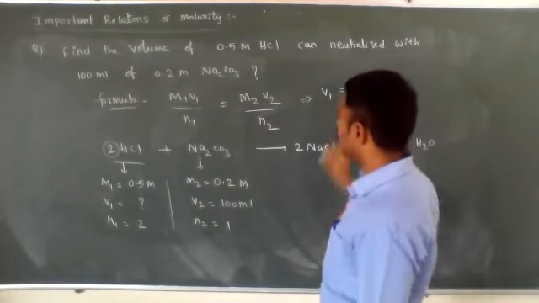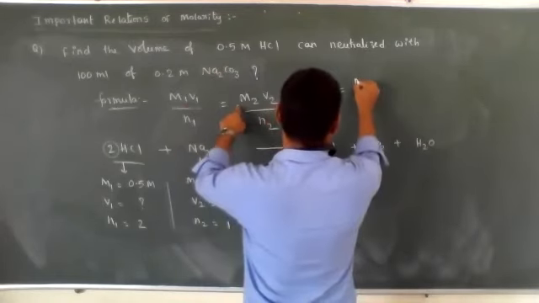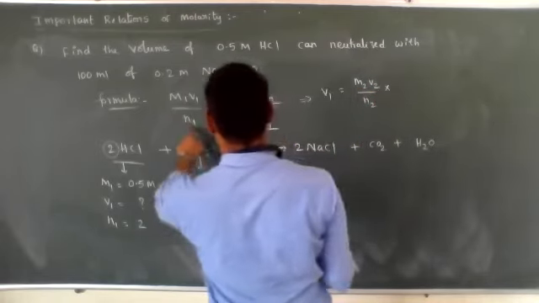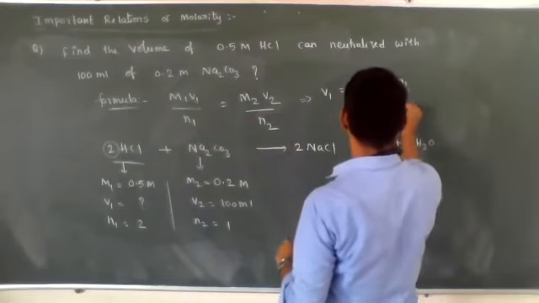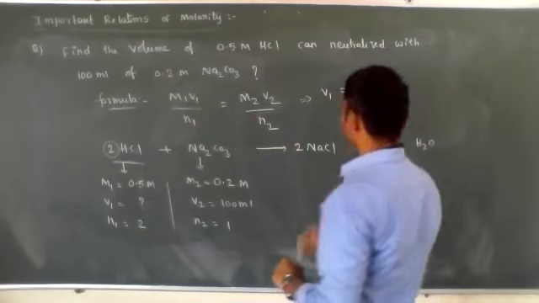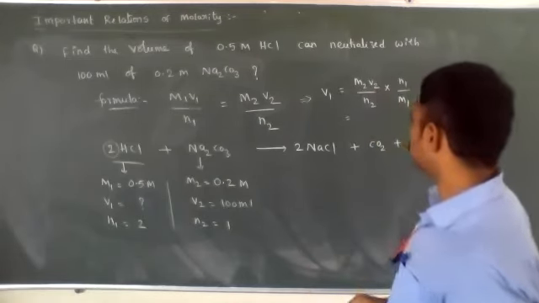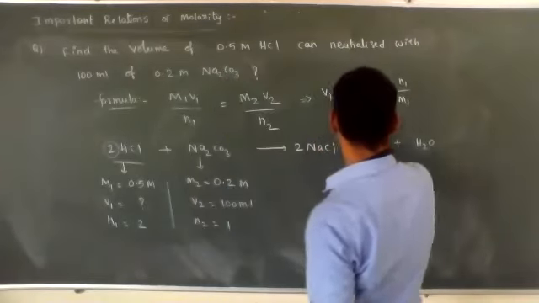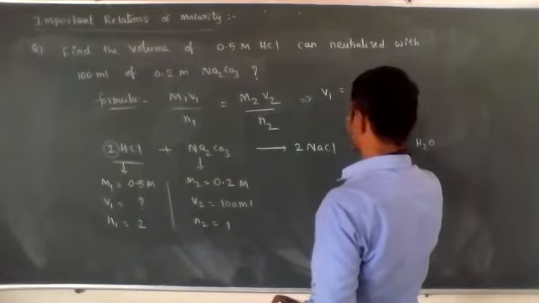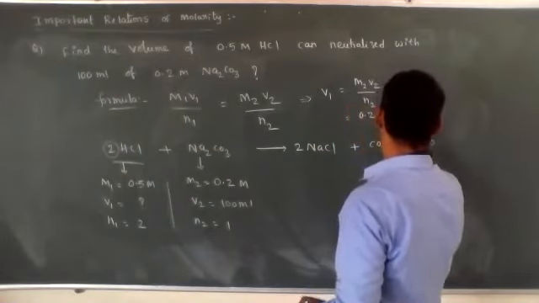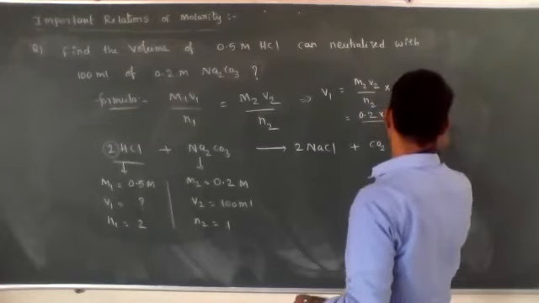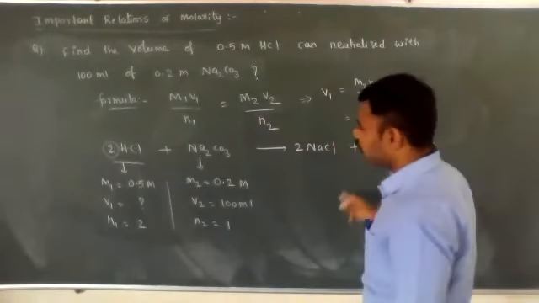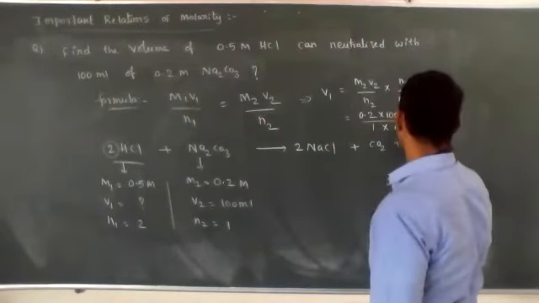V1 is equal to M2V2 by N2 into N1 by M1. Just substitute the values, then we will get the answer. So M2 how much? 0.2 into V2 100 ml into N1 2 by N2 1 and M1 how much? 0.5.